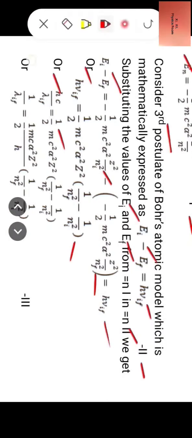Or 1 by lambda IF is equal to half m c alpha square Z square by h into 1 by nf square minus 1 by ni square. Let us mark it as equation 3.